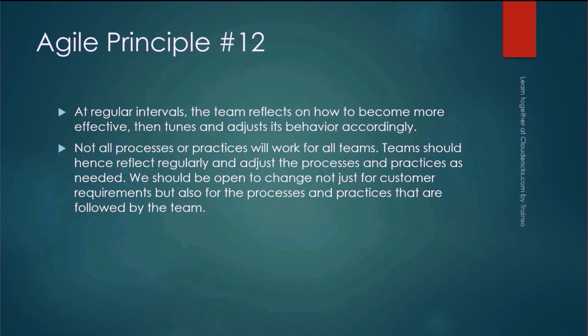And we should be open to change, not just for customer requirements, but also for processes and practices that are followed by the team. When we discuss agile frameworks such as Scrum, we will see that there are meetings such as retrospective meetings that happen at the end of an iteration or sprint, where we discuss what went well in this iteration, what did not go well, how we can become better in the next iteration, and so on.